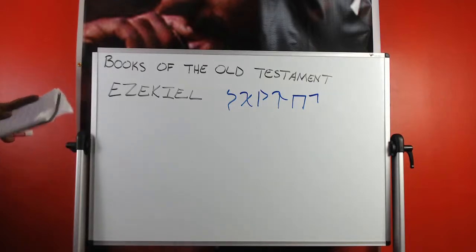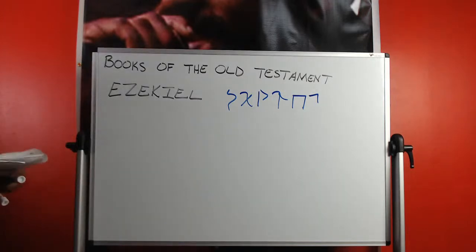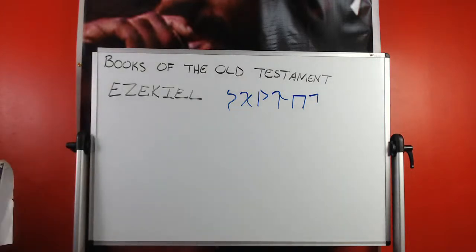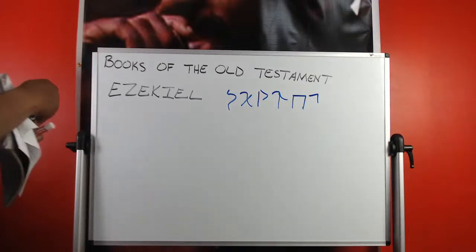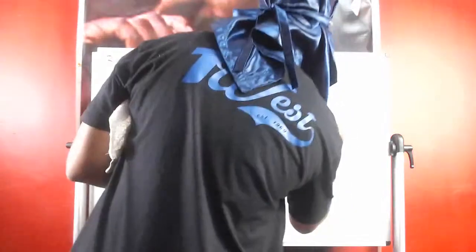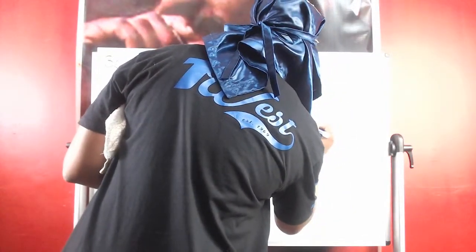Very nice. As Hebrews 1:1, I will also accept Kazakyal. Kazakwal. Very nice. Very nice indeed. All right. Let's write this out in the Hebrew, and then we'll spell it out.